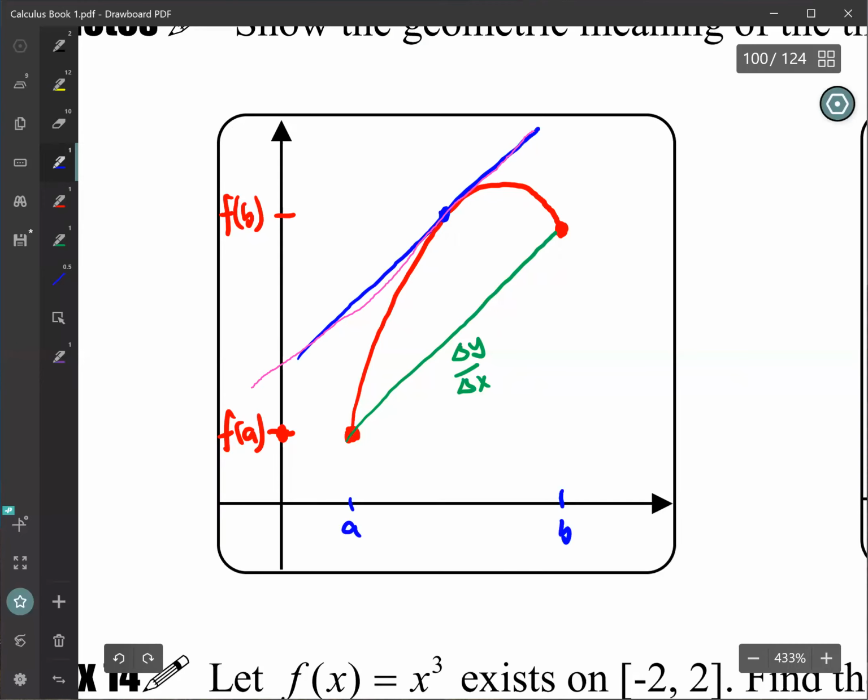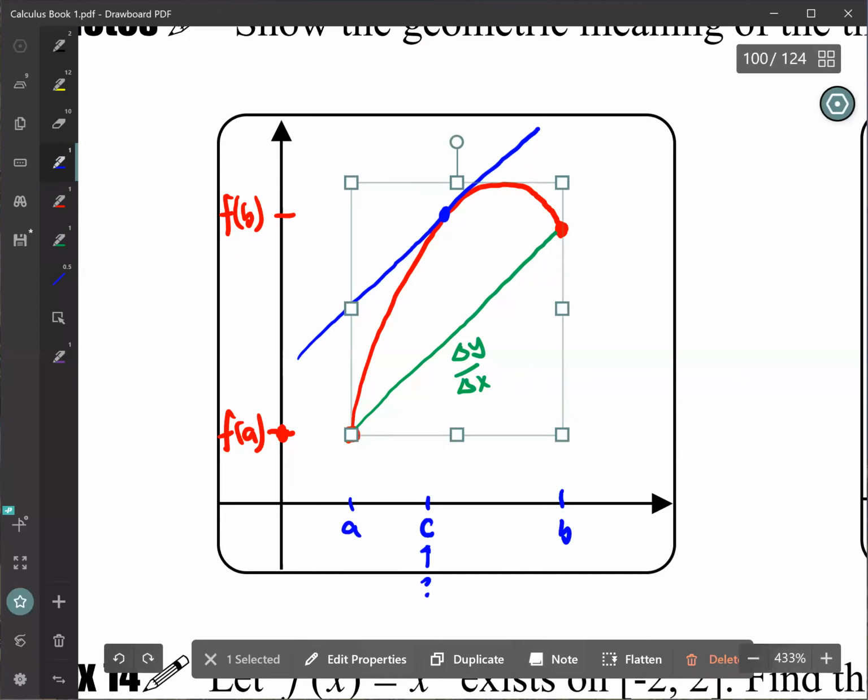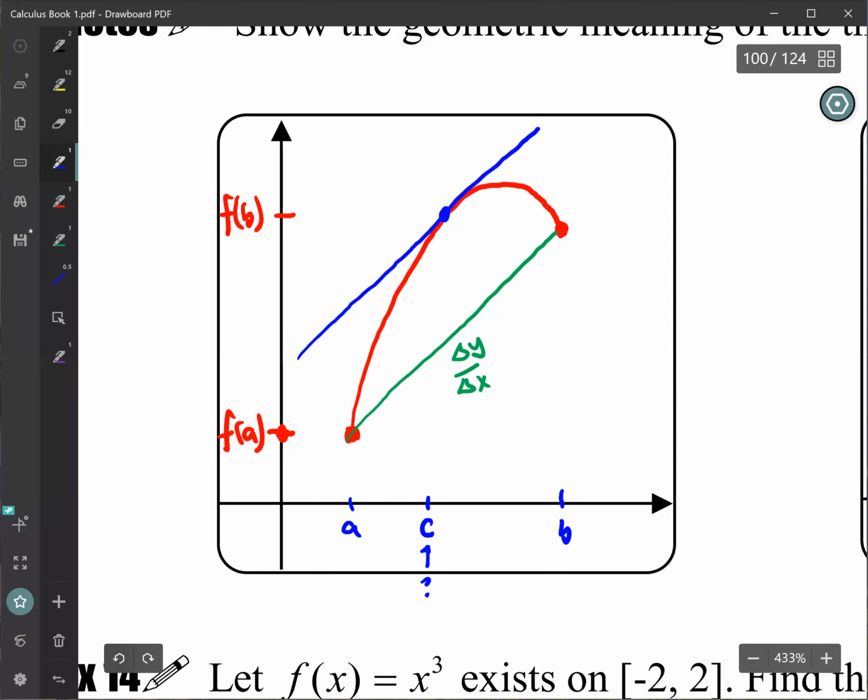Thank you. So that's where it touches. So we trace down, then that will be the c that we're looking for. So this is the question mark. So the mean value theorem is looking for the location such that the tangent line has the same slope as the slope between the two points.